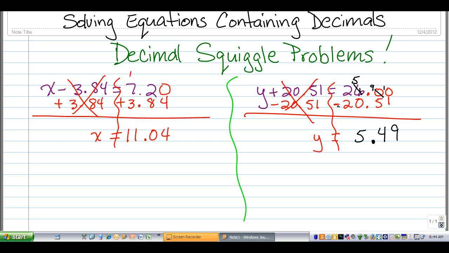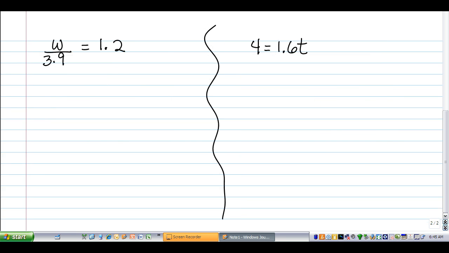All right, let's look at multiplying and dividing. Here are 2 more squiggle problems. This one on the left, let's say that this is problem A, is a division problem. Remember, this is a fraction bar.